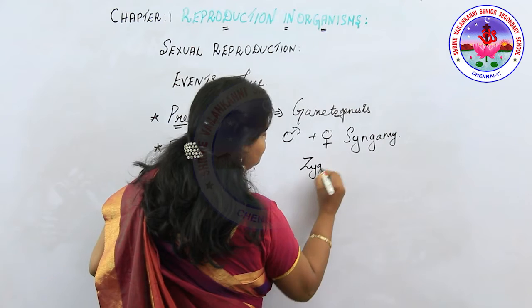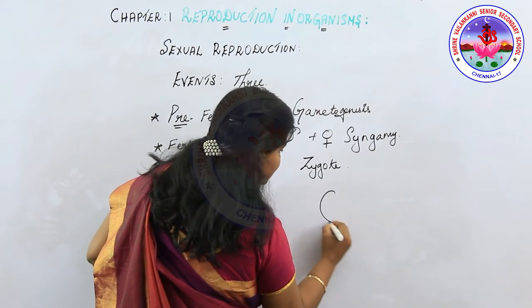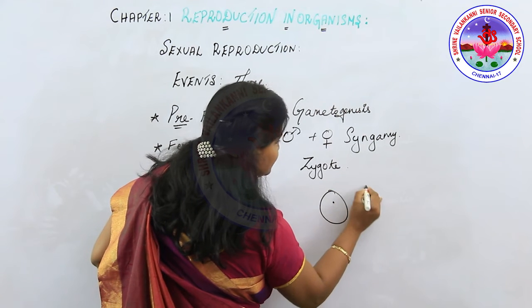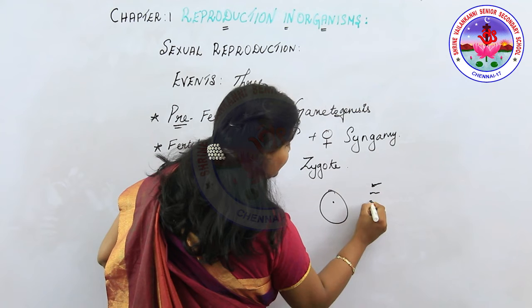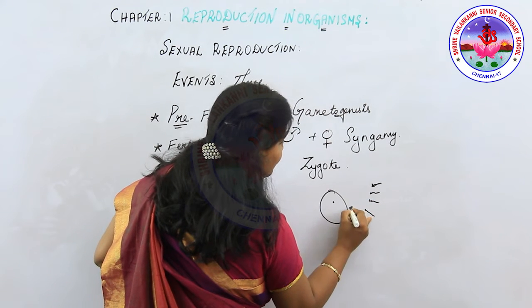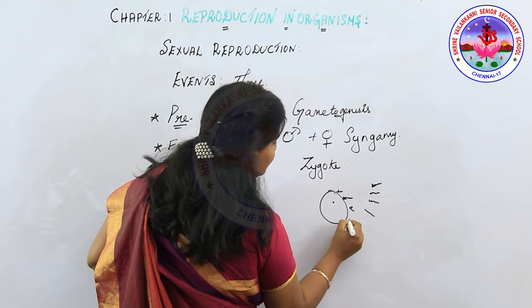Zygote. In the human, the sperm, which is motile in nature, hits the ovum.